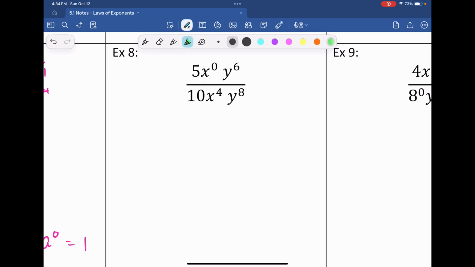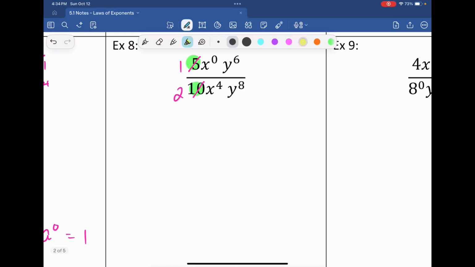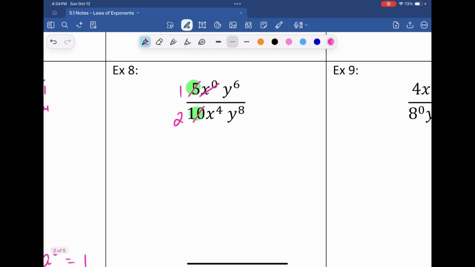Start with the 5 and the 10. Can both be divided by 5. 5 goes into itself once, and into 10 twice. We have x to the 0 and x to the 4th. x to the 0 is 1, so I'm just going to cancel that out. We don't really need it, which means your x to the 4th is going to stay where it's at.